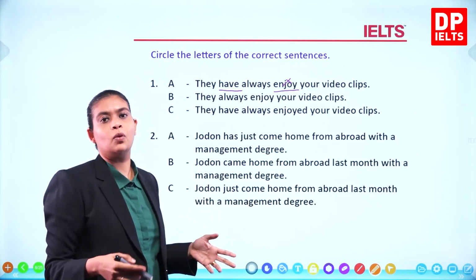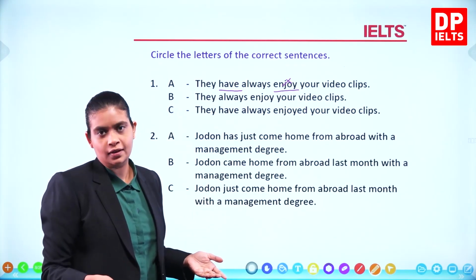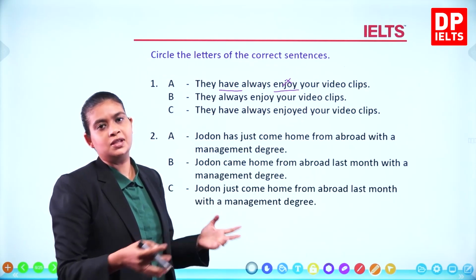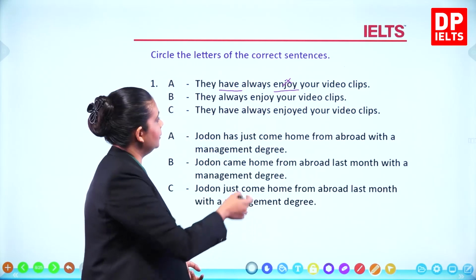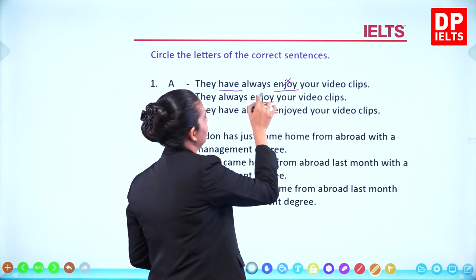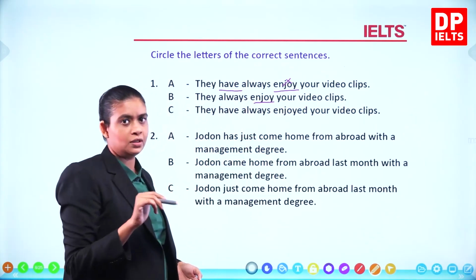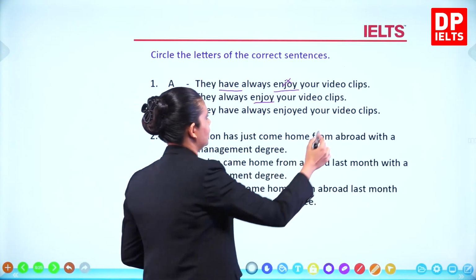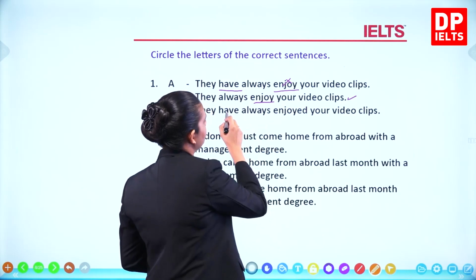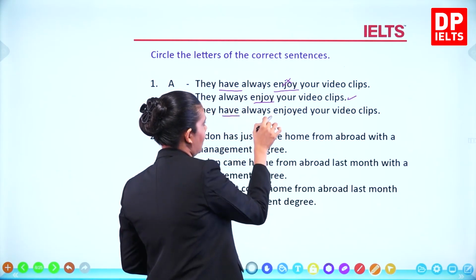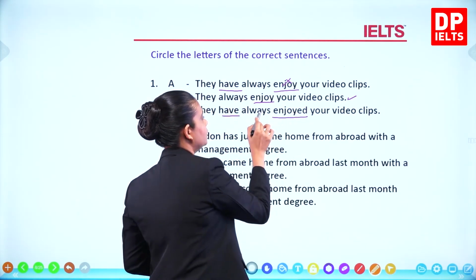Yes, you can say that. Why? Because it's a usual thing. And if it happens every day and usually it happens like a habit, you can use the simple present tense along with the frequency adverb. So B is correct. They have always enjoyed, perfect, because you have has, have plus the past participle of the verb.